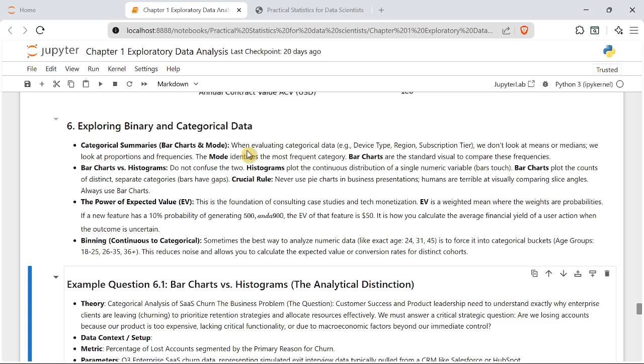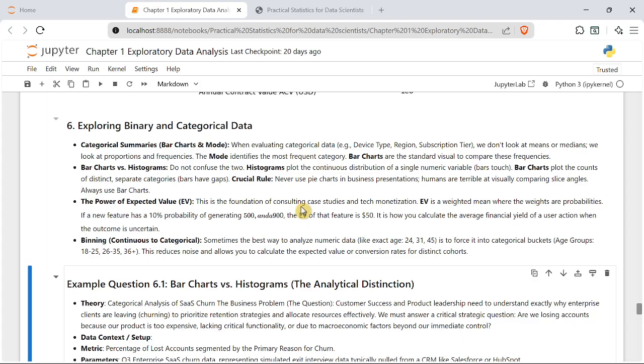When evaluating categorical data, for example device type, region, subscription tier, etc., we don't look at the means or medians. We look at the proportions and frequencies. The mode identifies the most frequent category. Bar chart is the standard visual to compare these frequencies.